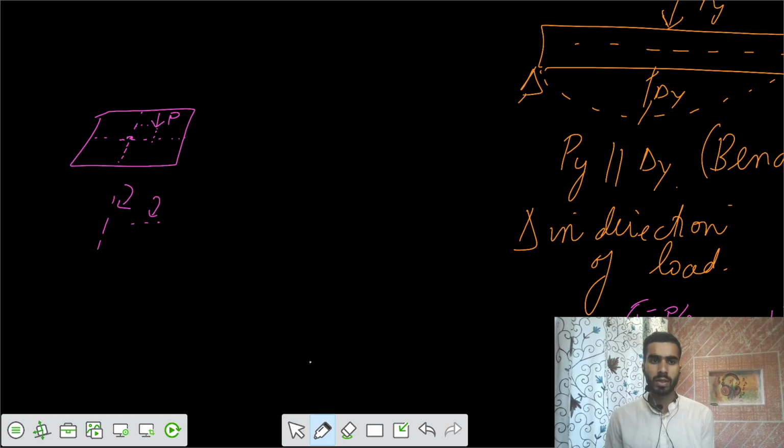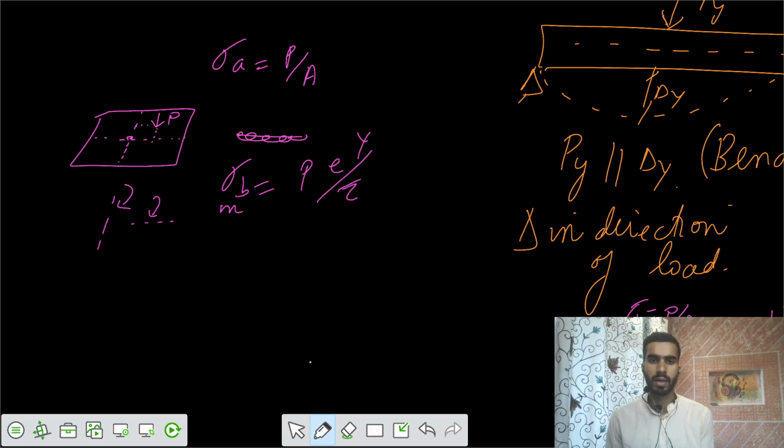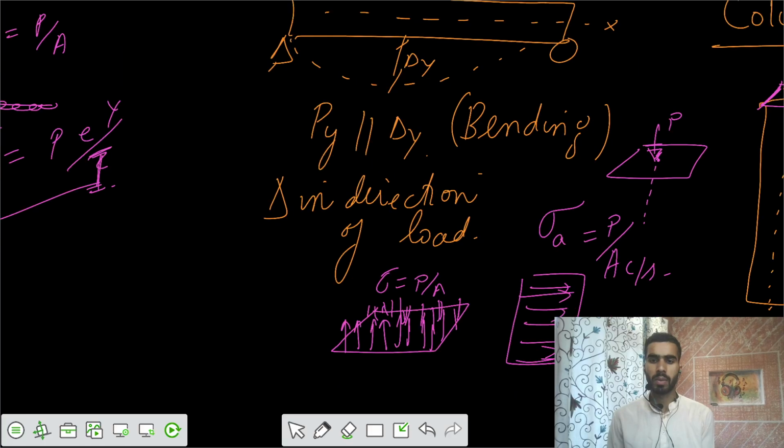So there would be two stresses developed. When you transfer the load to the centroid, one is your axial stress, and the next one is your bending stress, because of moments. There would be PE by Z, or My by I. So these two things we have to keep in mind.